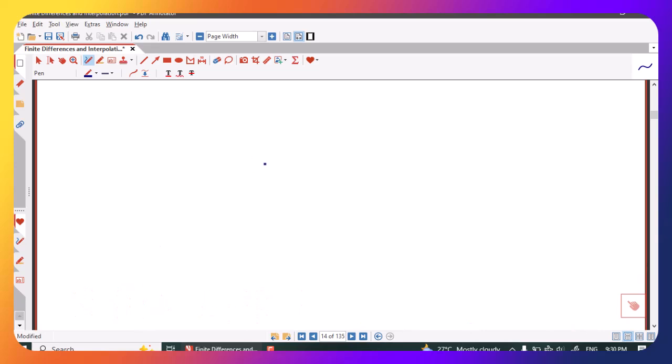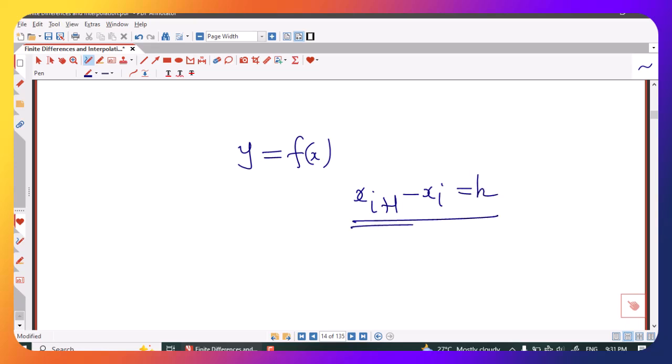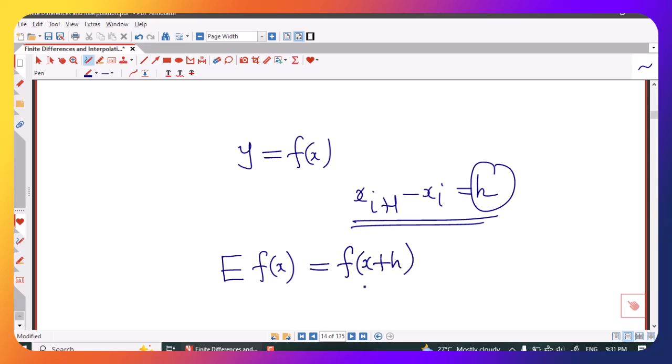So for shift operator also we assume that y is a function of x and values of x are equally spaced, that is distance between any two consecutive values of x is constant denoted by h. Then shift operator is denoted by capital E and it is given by E applied to f(x) equal to f of x plus h.